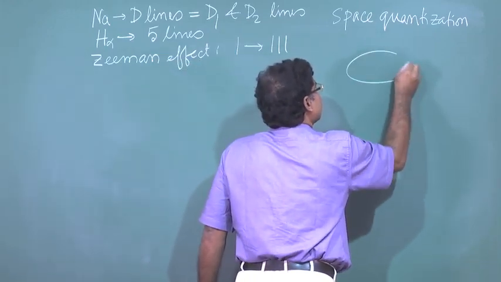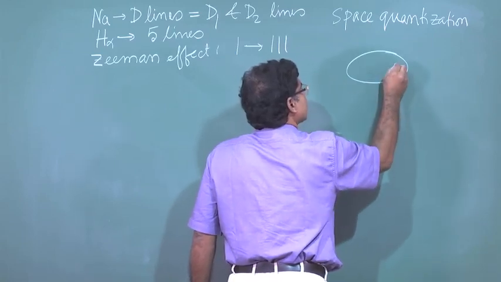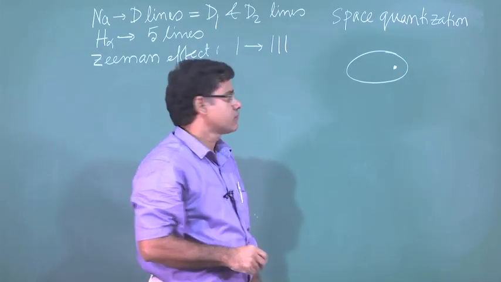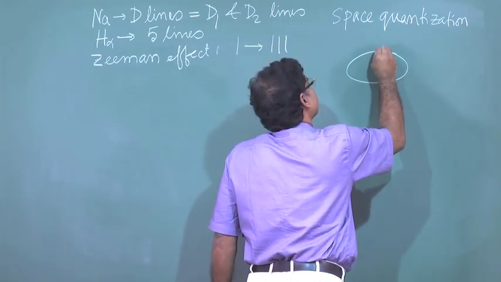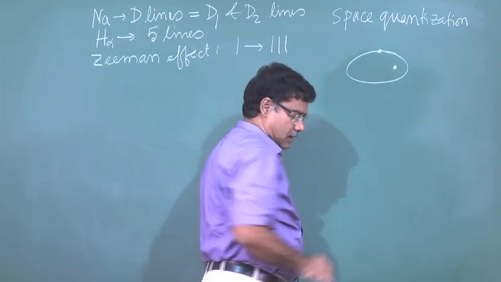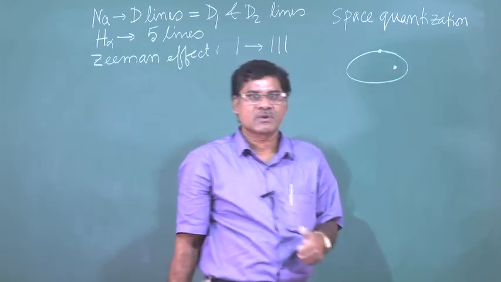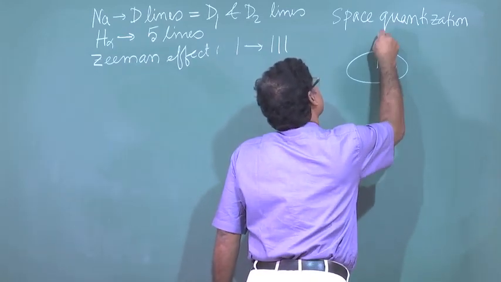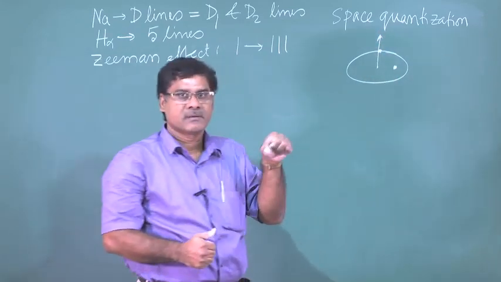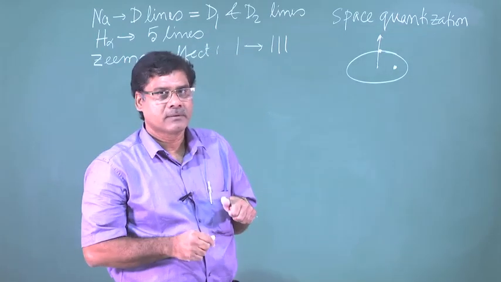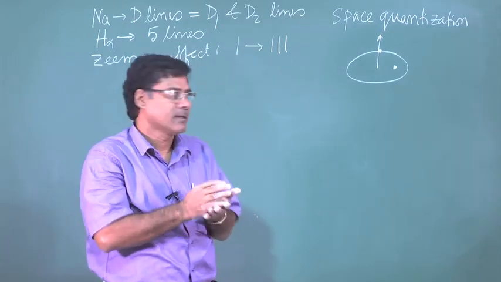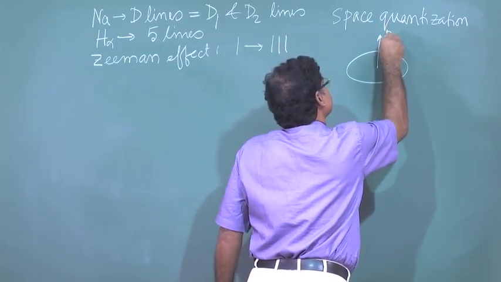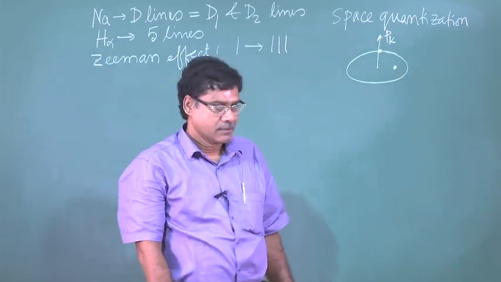Electrons are rotating in an elliptical orbit. So, it has angular momentum. The direction of angular momentum is basically perpendicular to the plane of this orbit. Okay. So, this is pk, say pk, right.